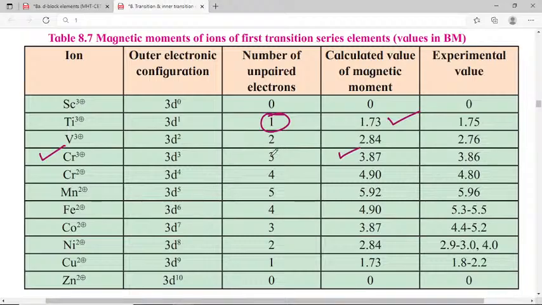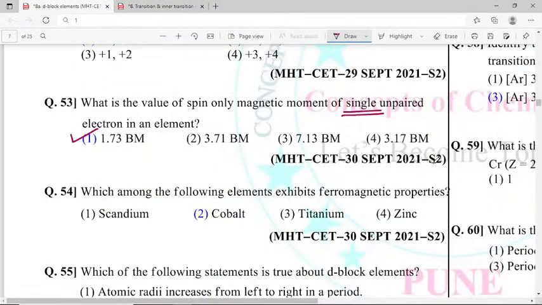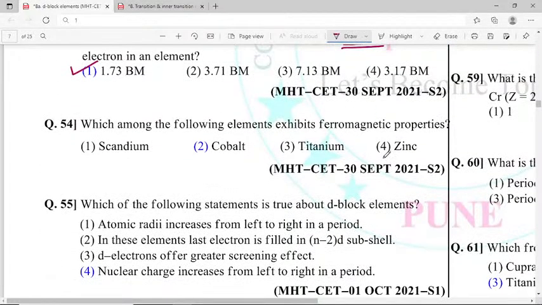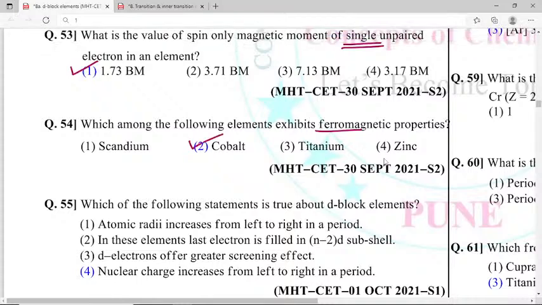Three, 3.87. Which among the following elements exhibit ferromagnetic properties? Cobalt shows the ferromagnetic properties.